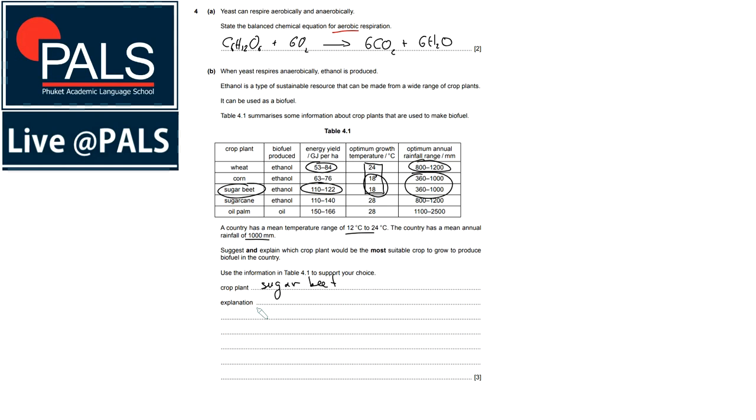So we have a temperature range 12 to 24 is appropriate, for an 18 degrees Celsius optimum.